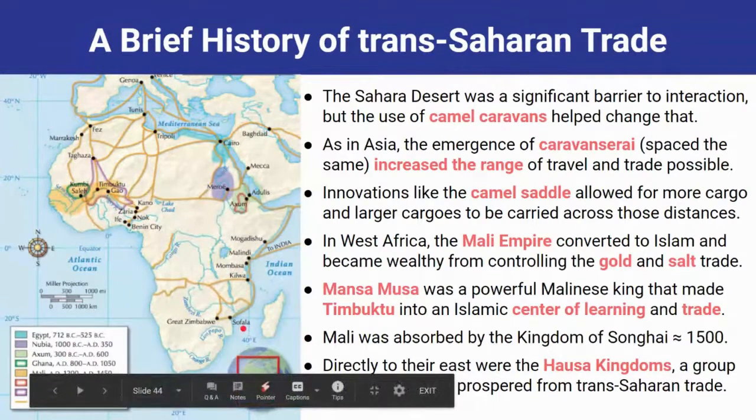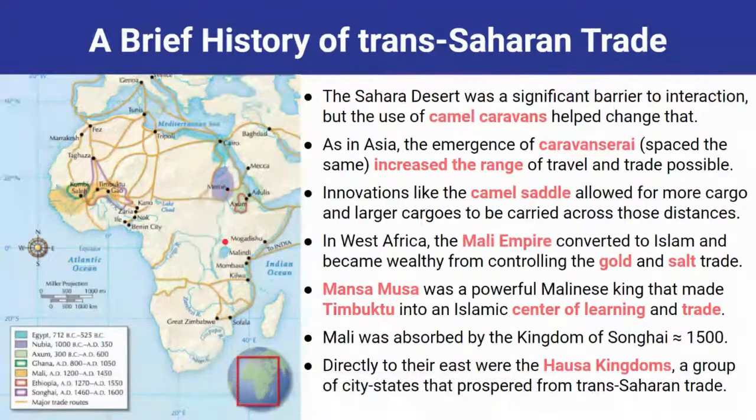sub-Saharan Africa. But as the use of camels and caravans starts, and as things like caravanserai start popping up to allow the trade to happen, you have an increase in range. In other words, the distance that trade was possible over grows longer and longer.